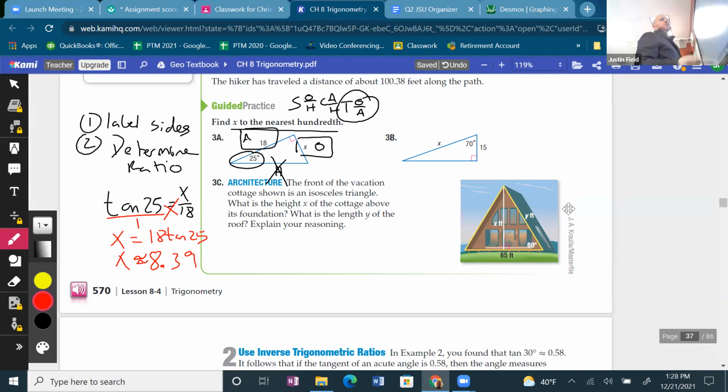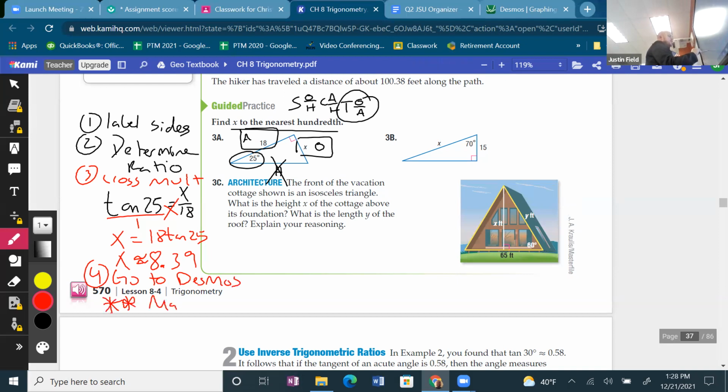But guess what? Once you know how to do it, we're going to do the same thing for all of them. So the third step was to cross multiply. Go to Desmos and star, star, star. Make sure you are in degree mode. All right, so let's try 3B.